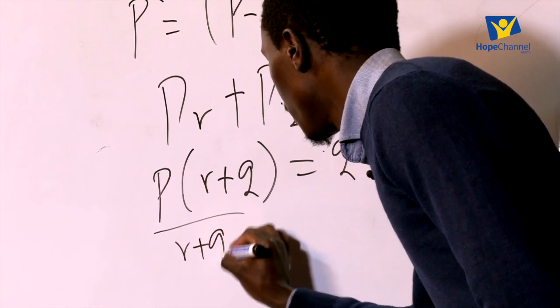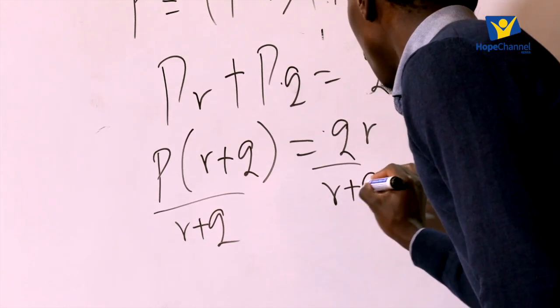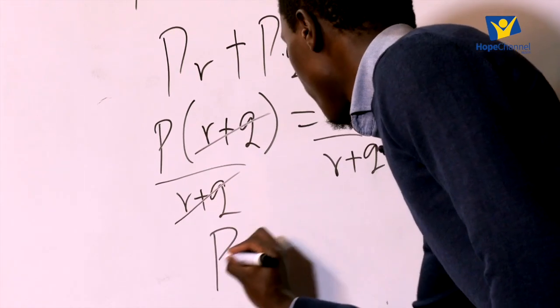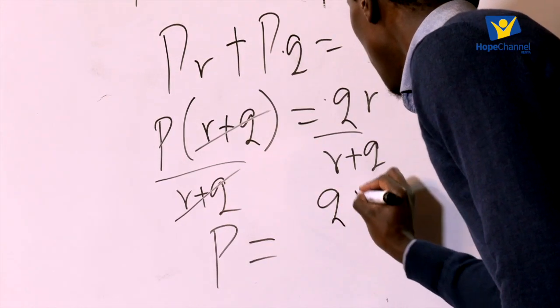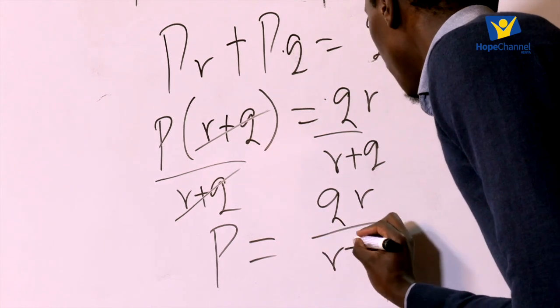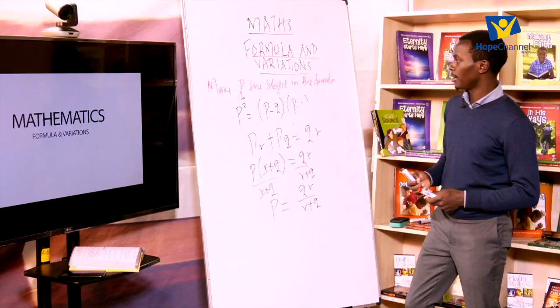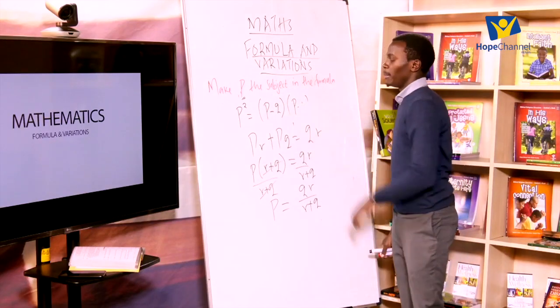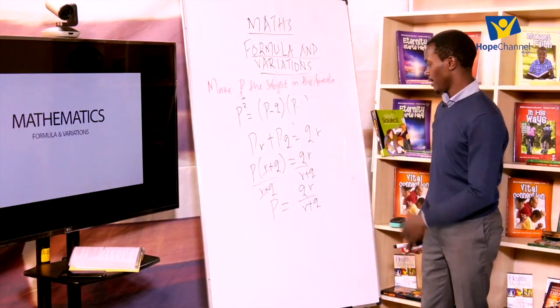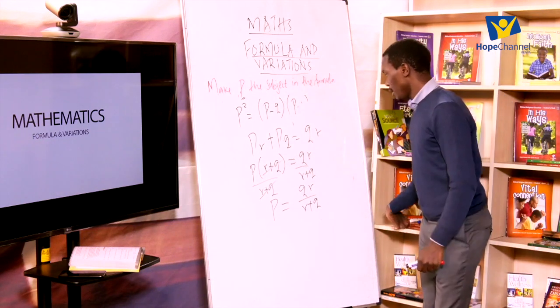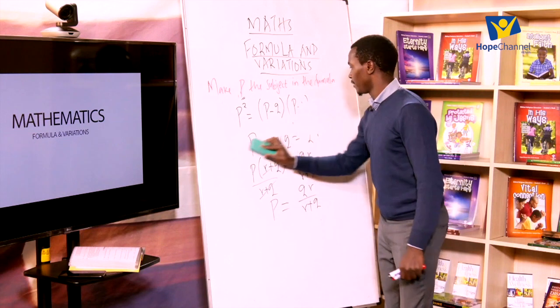Divide by R plus Q. So by cancelling, we'll have it as P is equal to QR over R plus Q. And that gives us the answer, or rather P made the subject of the formula as the question was asking.